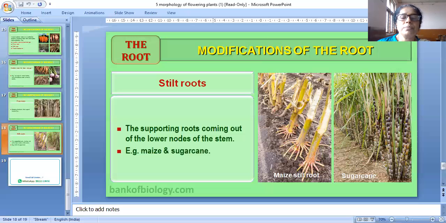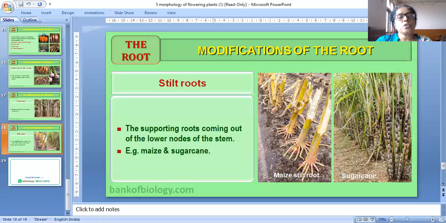The margin of thalamus grows upward, enclosing the ovary, and the other parts of the flower arise above the ovary.